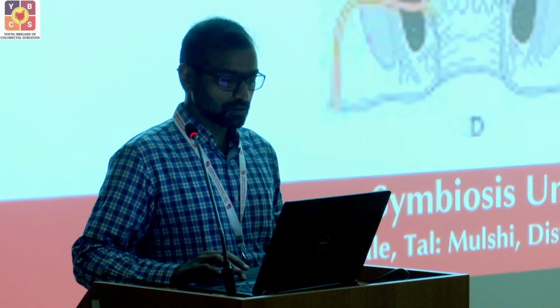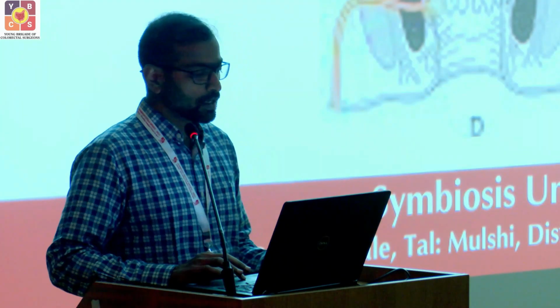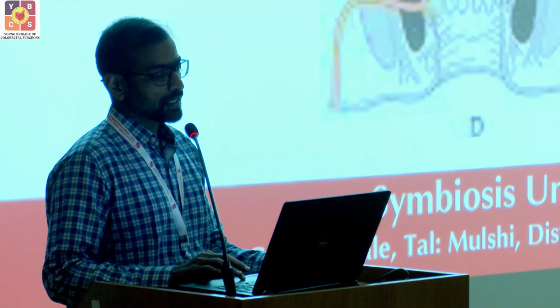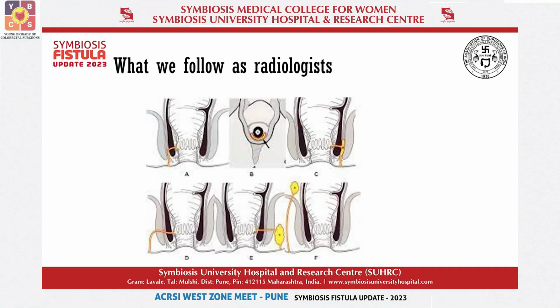Okay, so this is the St. James classification, types 1, 2, 3, 4 and 5. Type 1 is a simple intersphincteric abscess or fistula, and type 2 is whenever the intersphincteric fistula is associated with an abscess or any further ramification.